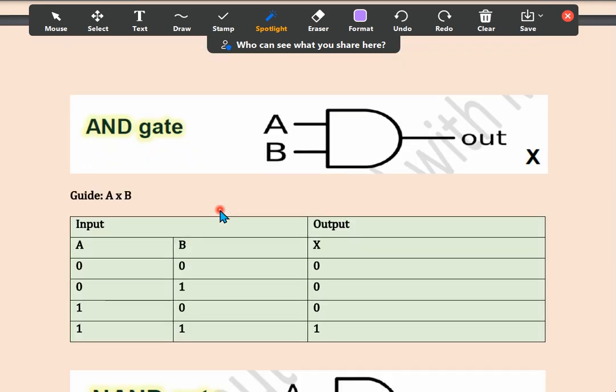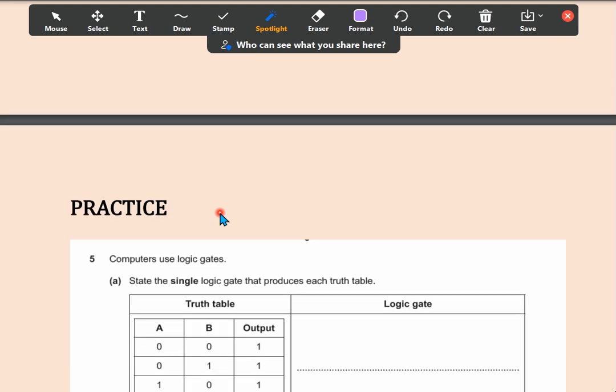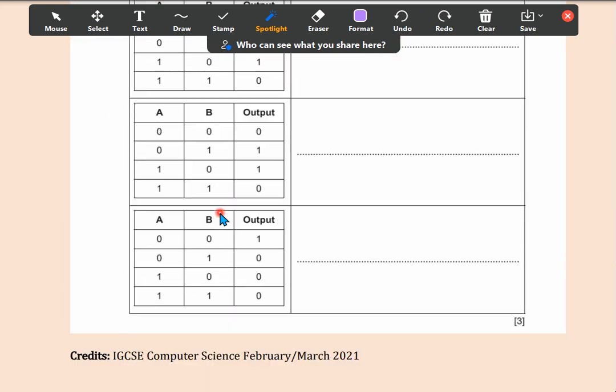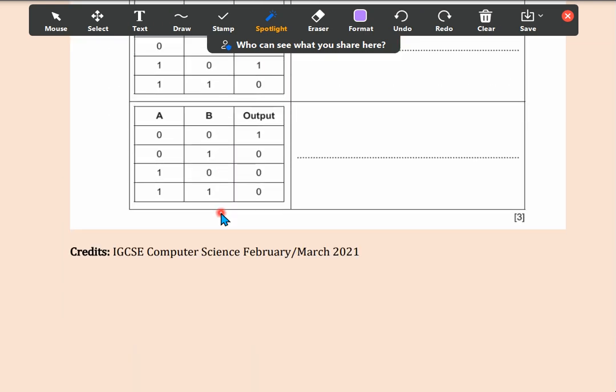Let us try to answer this problem. This is actually coming from the IGCSE ComSci subject in the test of February to March, just the year of 21.